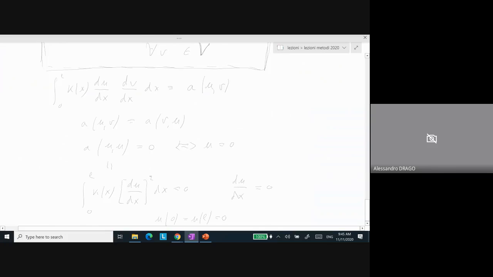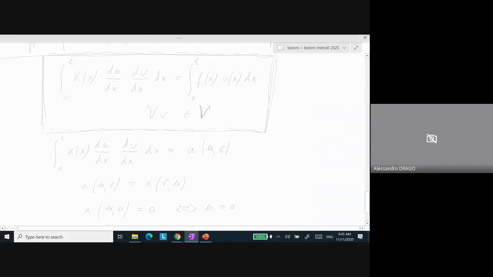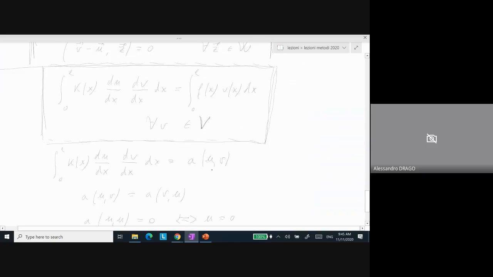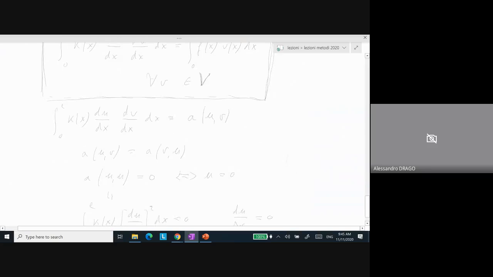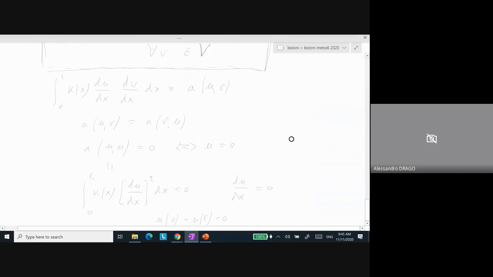So this means essentially that this quantity A that I have just defined, I can use as a sort of scalar product. It satisfies my definition of scalar product in the sense that a scalar product must be symmetric, bilinear, and it is possible to define a norm.